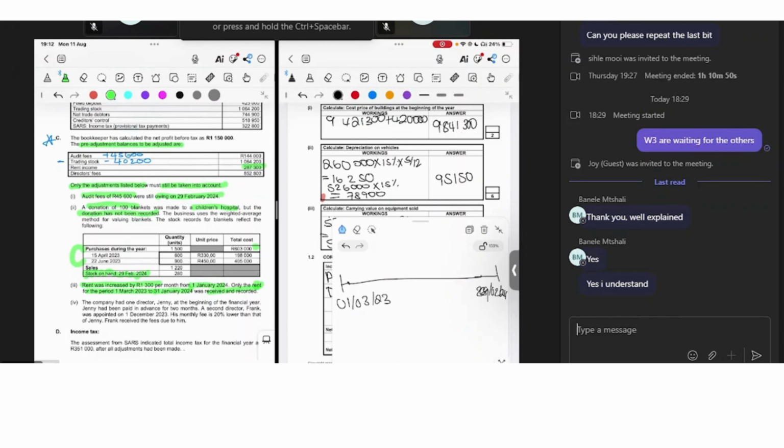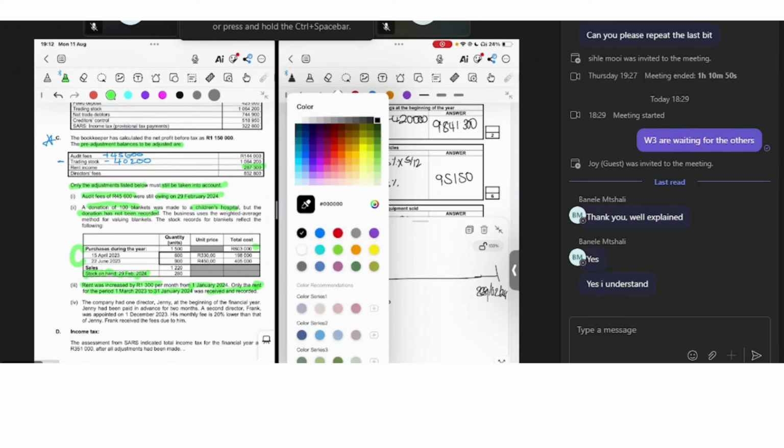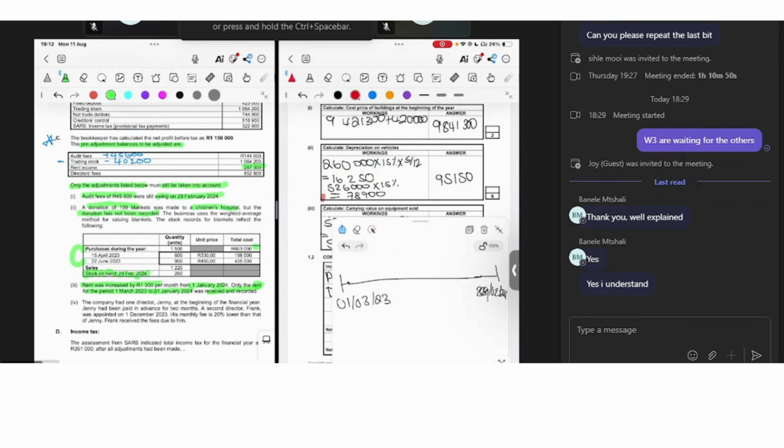Then what happened? On the 1st of January 2024, we increased rent by 1,300. We only stopped paying rent on the 31st of January 2024. Okay, so that's the information that's relevant.